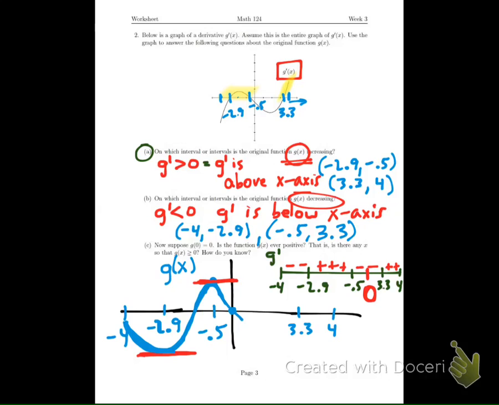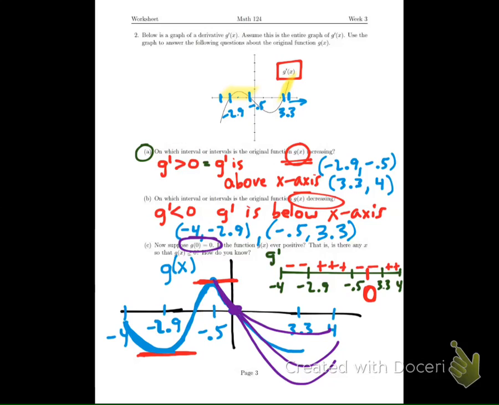Okay, and then at 3.3 we have yet another horizontal tangent line. And remember, g is decreasing until then. Again, we don't really know how far down it goes. It could go way down here, it could go here, but it has to go through the x-axis at the origin because that's what we were given. g of 0 is 0.